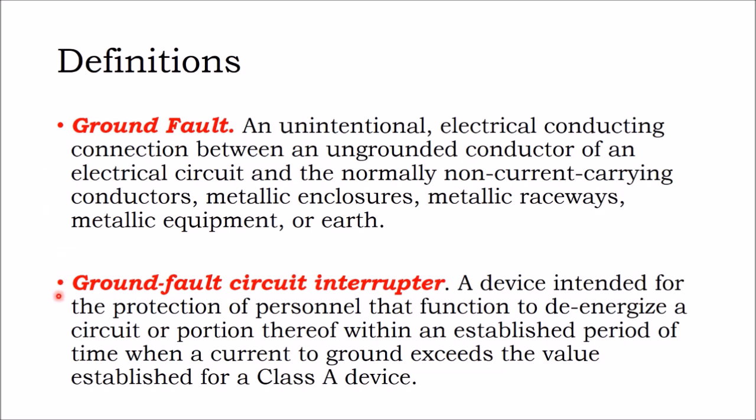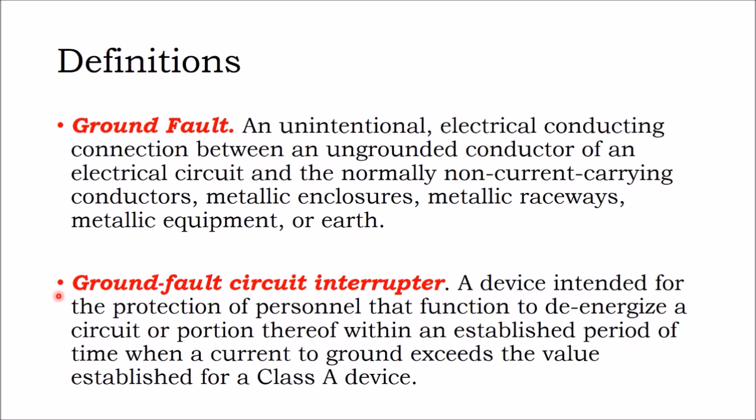And a ground fault circuit interrupter is a device intended for the protection of personnel that de-energizes a circuit when the current to ground exceeds a specific value. Well, what on earth are we talking about? Well, like a breaker. A 20 amp breaker. The current exceeds 20 amps, it switches.